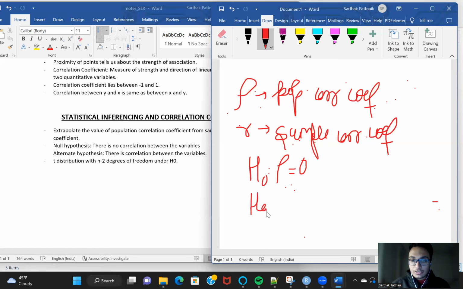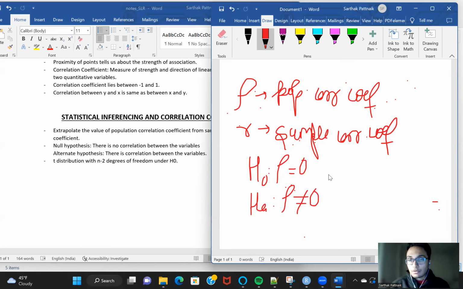My alternate hypothesis: if you think about this carefully, we want to find evidence that there can be a positive correlation or a negative correlation between these two variables. We are not concerned with the direction of the correlation. We are more interested in proving that there is a correlation in the first place. So we have to consider both cases, which means this will be my alternate hypothesis.